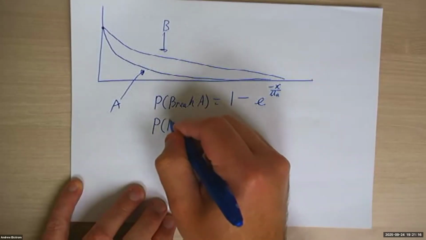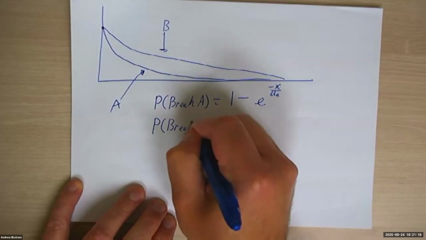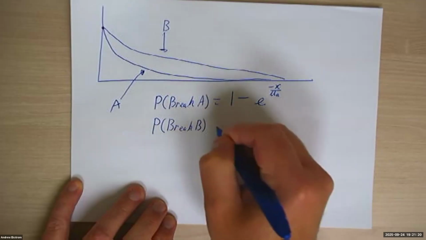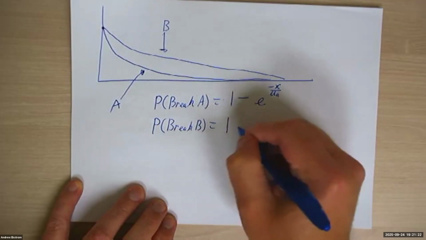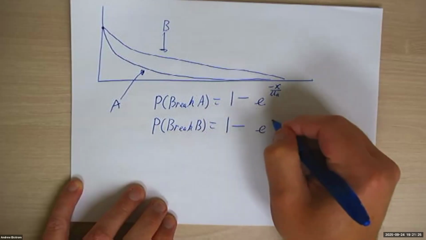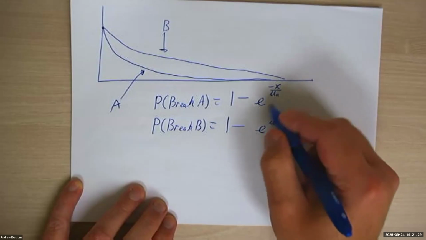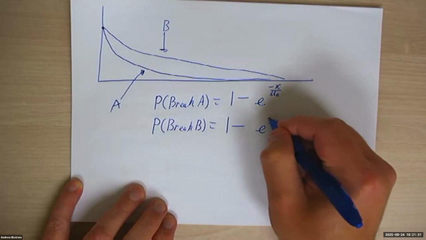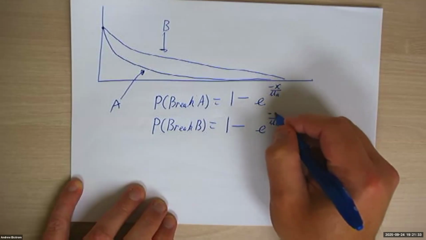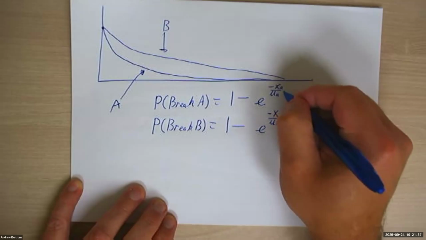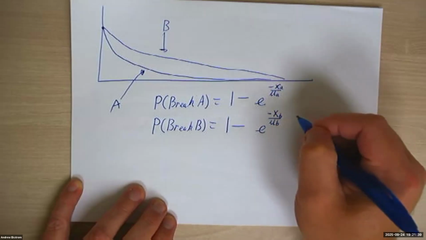What is the probability that something is going to break under condition B? That's going to be equal to 1 minus e to the negative x over mu, or the mean time to failure, the mean time to breaking for product B. So I'm going to say XA and XB.